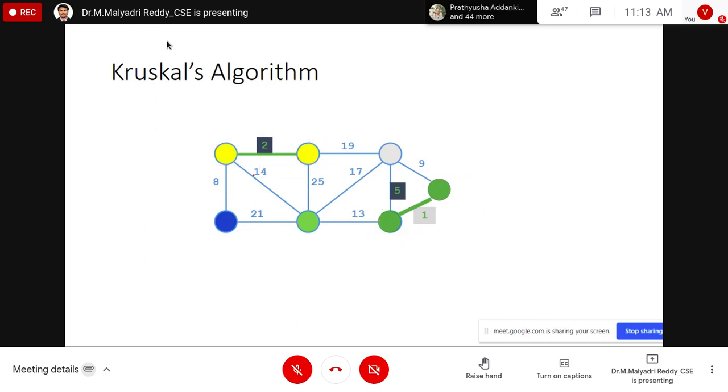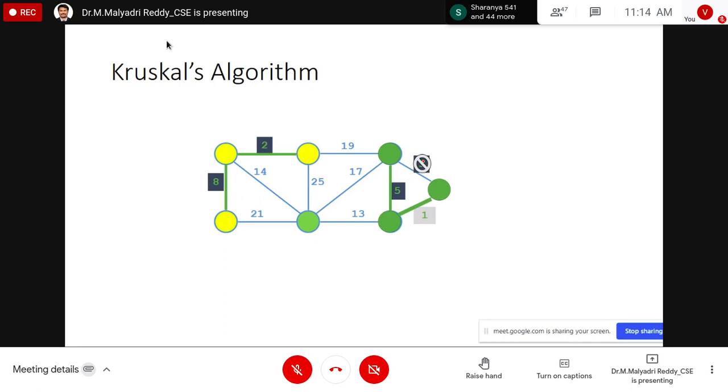నెక్స్ట్ Next 5. రైట్. Yes, sir. నెక్స్ట్ Next 8. రైట్. అంతేనా? Yes, sir. నెక్స్ట్ Next 14. I think 9. 9 cycle I guess.